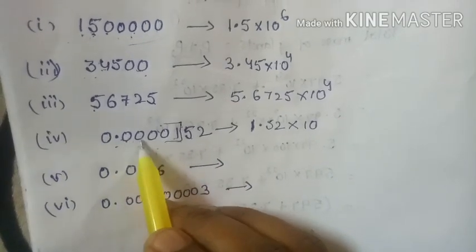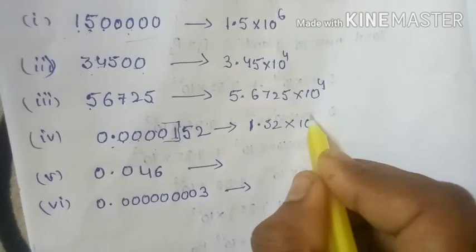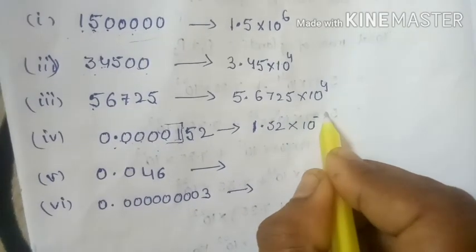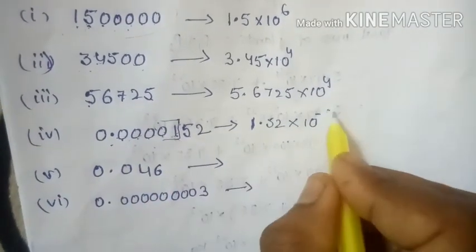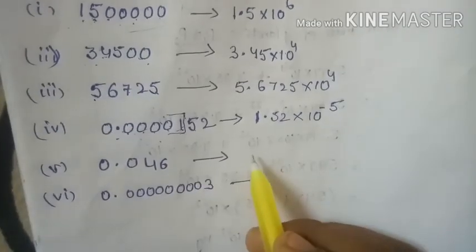Now count it: 1, 2, 3, 4, 5. So it is a smaller number, so we will take negative exponents: 1, 2, 3, 4, 5. So 5. Clear? Next one, this one. How do you write it?